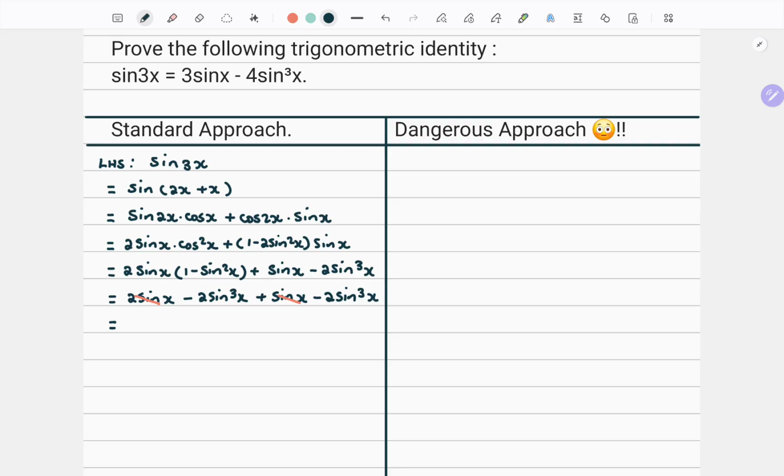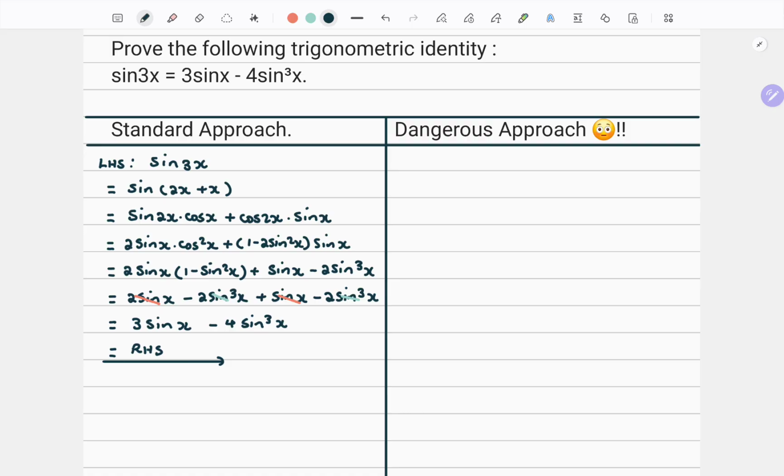So 2 of the same plus 1, we get 3 sine x minus, again we've got this and that, so 2 of the same plus another 2 of the same, we get 4 sine cubed x. Isn't it equal to the right hand side? This is equal to the right hand side, and our identity has been proven.